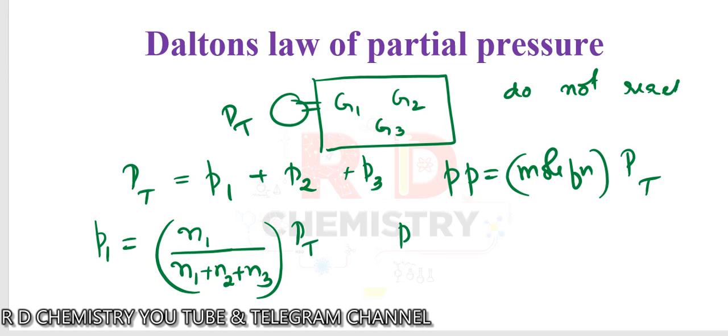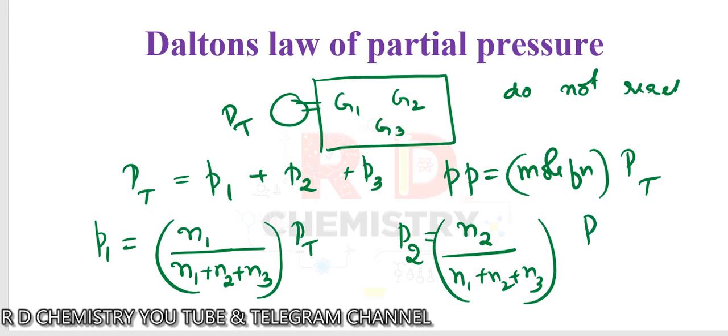Suppose I want to calculate the partial pressure of the second gas: it is equal to the number of moles of the second gas divided by the total number of moles N1 plus N2 plus N3, and so on. So in general, write Pi, the i component, is equal to the number of moles of that i gas divided by the total number of moles Nt.